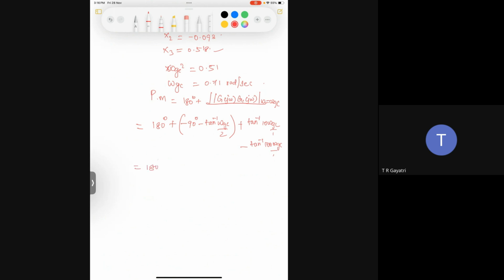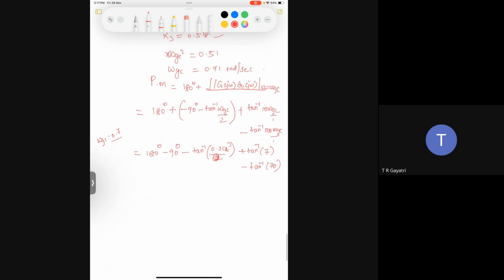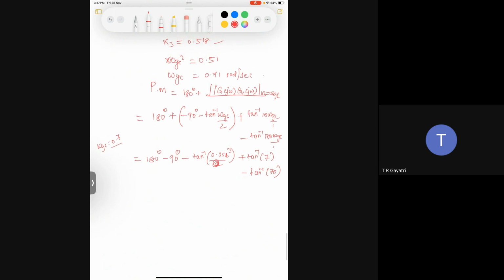So if I solve, 180 minus 90 minus tan inverse of omega GC by 2, where omega GC should be 0.7, so 0.7 by 2 is 0.35 something, plus tan inverse of 7 minus tan inverse of 70.71, is 7.1.